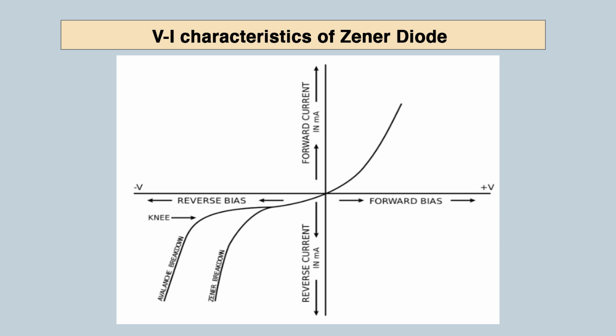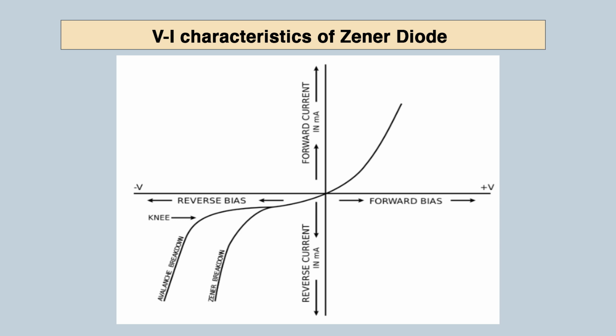Here you can see that the current and voltage both have positive values. The forward characteristics of a Zener diode is very similar to a regular PN junction diode. The variation occurs in the third quadrant.